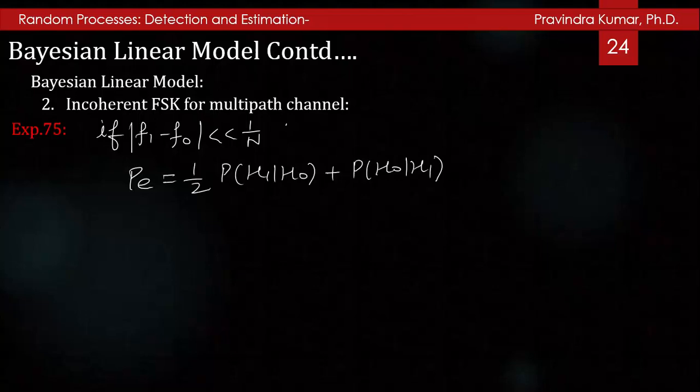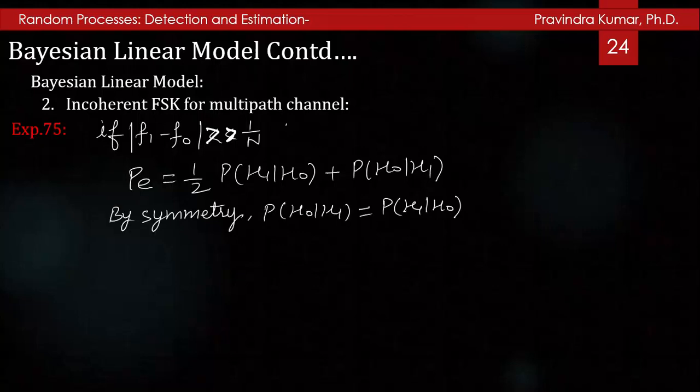So if the mod of F1 minus F0 is very much greater than 1 by n, then for equal prior probabilities of signal transmission, the probability of error will be 1 by 2 times the probability of H1 when H0 is given plus the probability of H0 when H1 is given. By symmetry, P(H0 given H1) will be equal to P(H1 given H0).